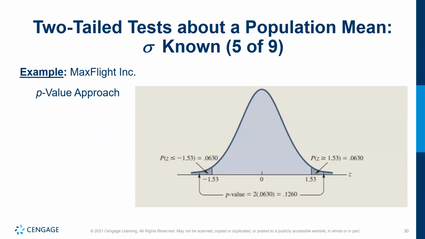So here's what we came up with. This became our critical areas, okay, 1.53 plus or minus it. And our test statistic came out to, what was it? 0.1260.